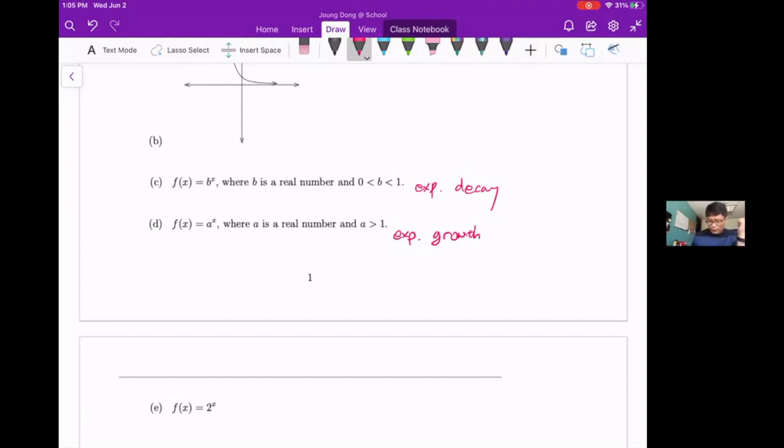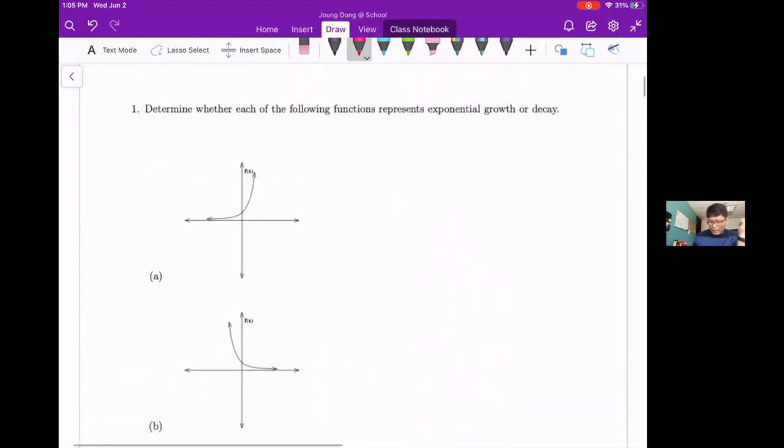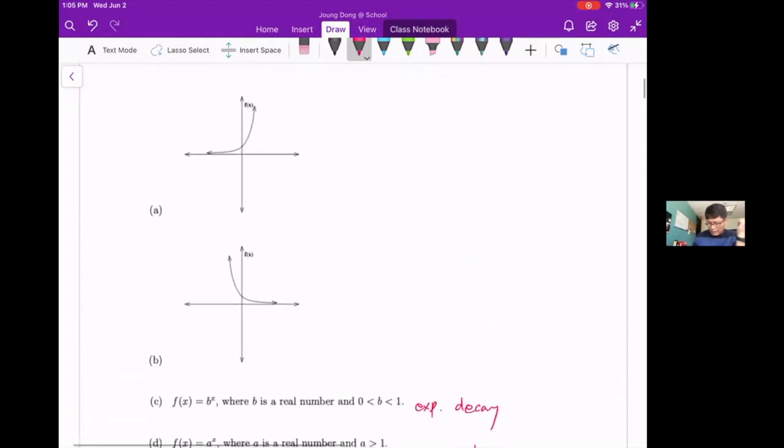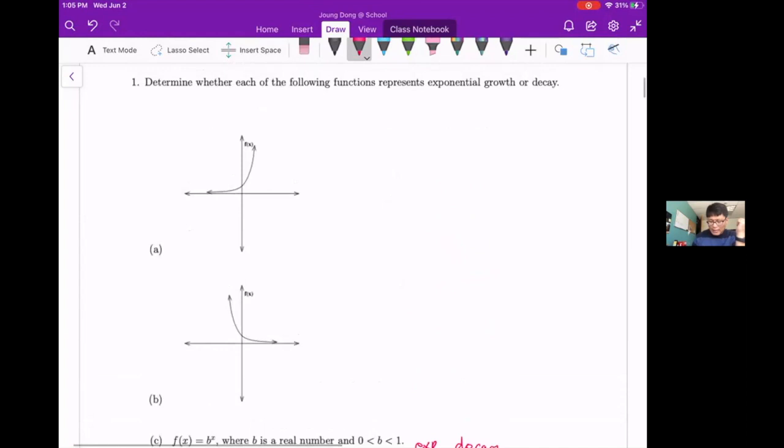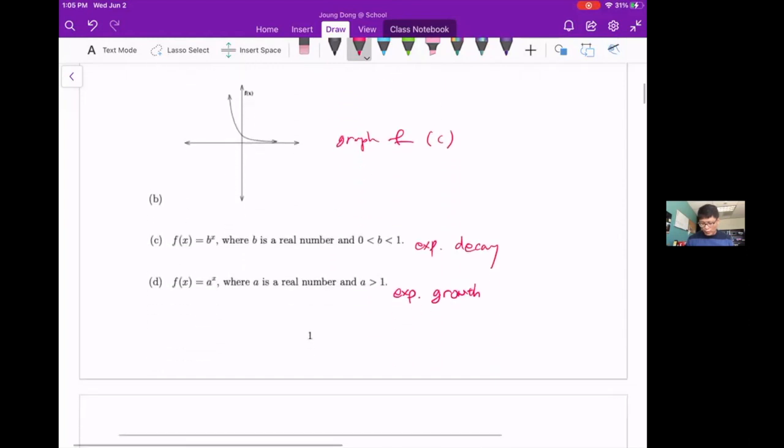So the graph of D is A, and B is the graph of C. Is that clear? Let me give you a couple more examples.